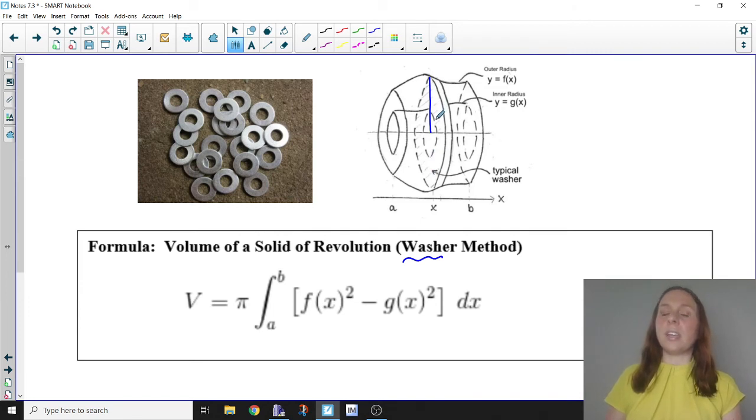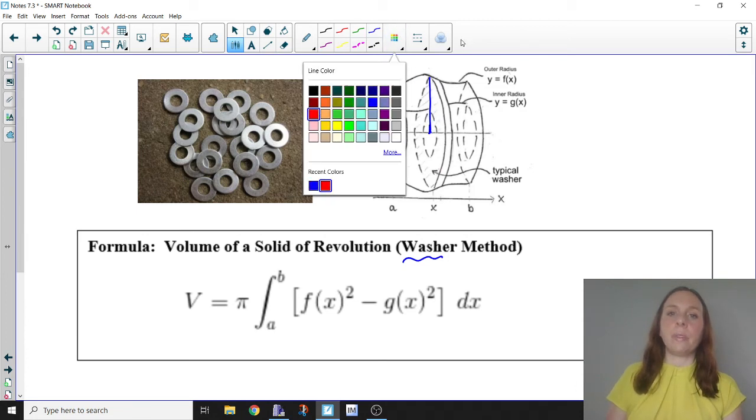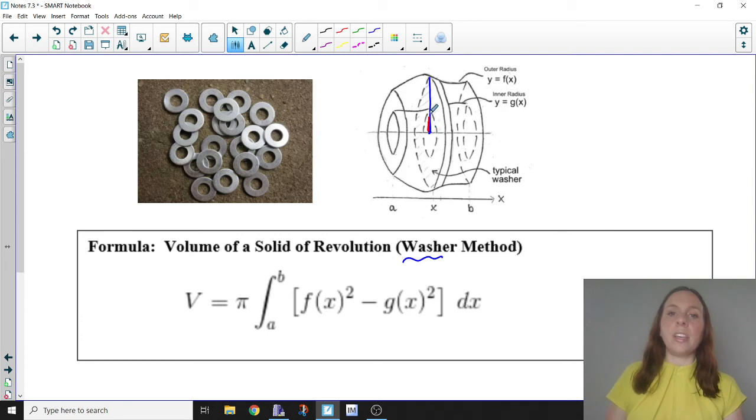You then need to take out of it this smaller radius, do it in red, the area, I should say, of this region, which comes from pi times this smaller radius squared. Okay, so keep in mind that you have an outer function squared minus an inner function squared for washer method when you are looking at the area being rotated being between two curves.